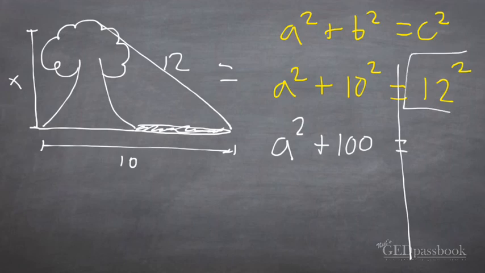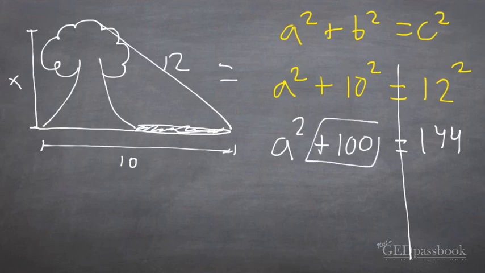Then you go to the side B. Is there anything I could solve there? Yeah, 12 squared. What's 12 squared? Wouldn't that be 140 or 144? 144. So now tell me, how do I leave A squared by itself? Subtract 100 from both sides. This is a number.